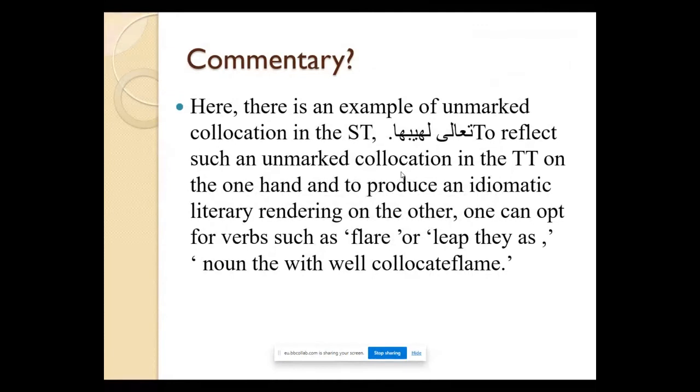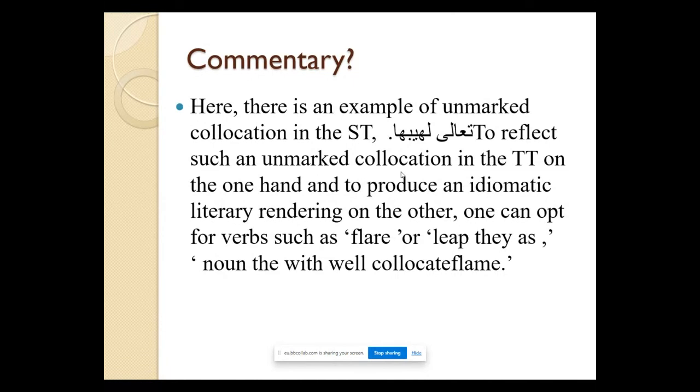So there is an example of unmarked collocation in the source text, which is تعالى لهيبها. And to reflect such an unmarked collocation in the target text on the one hand, and to produce an idiomatic literal rendering on the other, one can opt for verbs such as flare or leap.